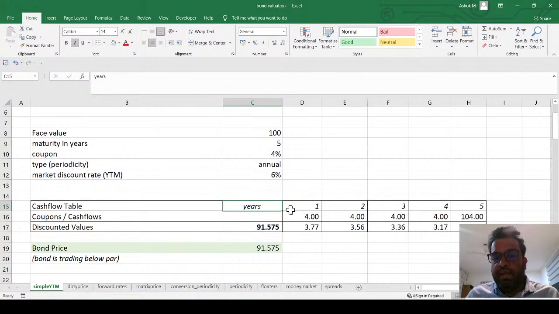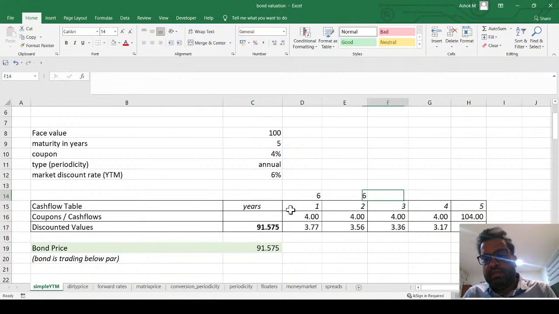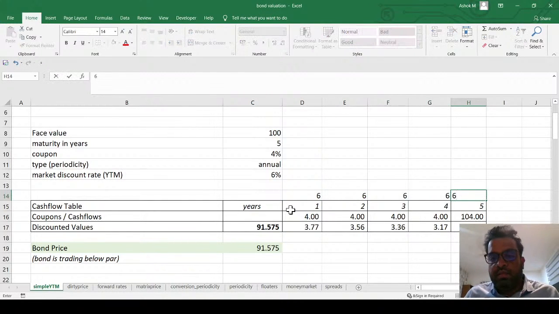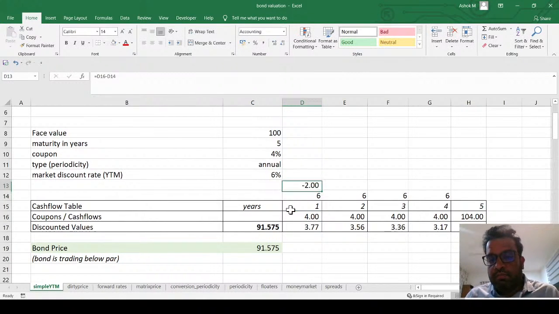You can play around with this thing. For example, you can put 6% coupon. Okay, and so what you get is 100, and what is the deficiency? The deficiency is 4 minus 6, minus 2.